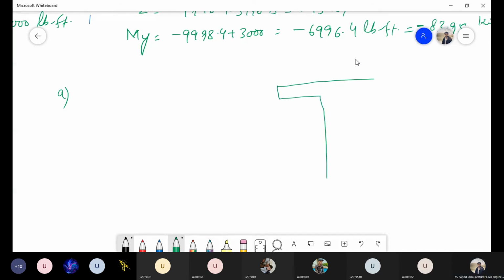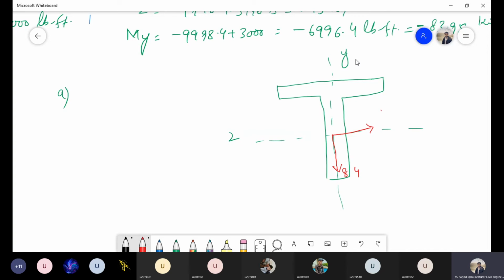So this was my section, and if I represent these two moments, both of these are negative, so that means that they are acting in the opposite direction with respect to the original centroidal axis. So this will be my Mz, that is 84, and this will be my My, which is 182.34.